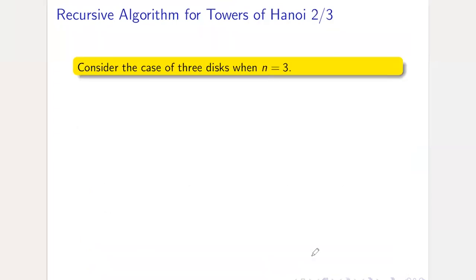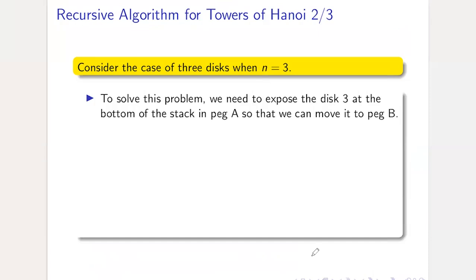Now let's take the case of 3 disks. Now the way we are going to look at this is through recursion. We already had a scenario of 2 disks and a single disk.